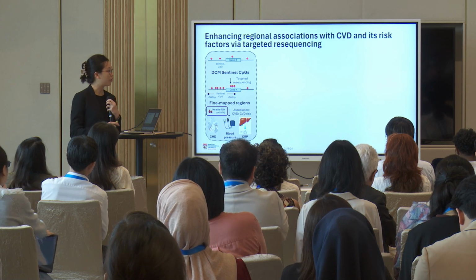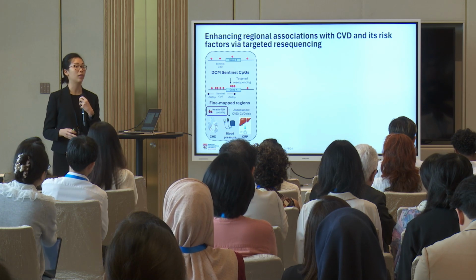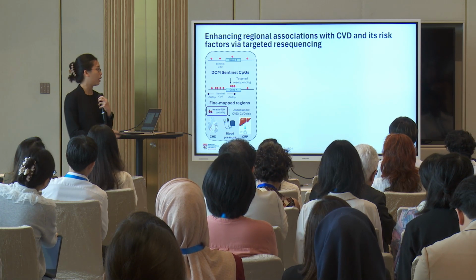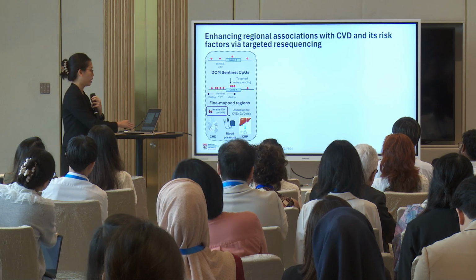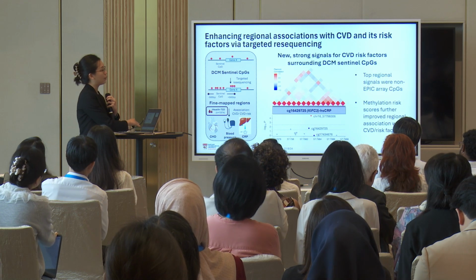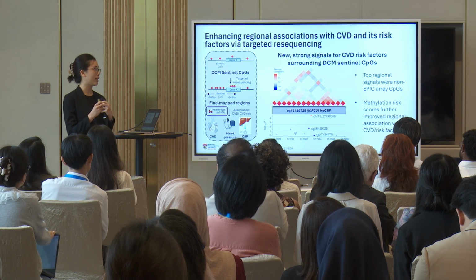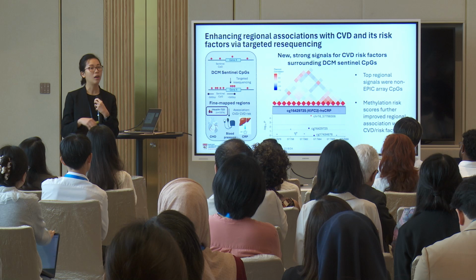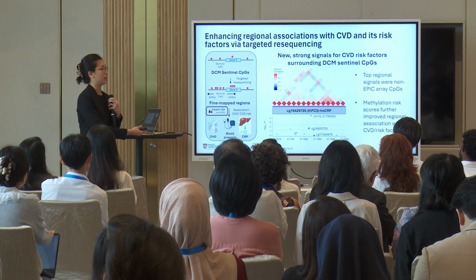But it was very well phenotyped for a bunch of preclinical and clinical cardiovascular traits, for example, blood pressure or elevated systemic inflammation. With this increased number of CpG sites, we decided to see if we could identify any new signals around the DCM-linked CpGs that might be linked to any of these cardiovascular traits.